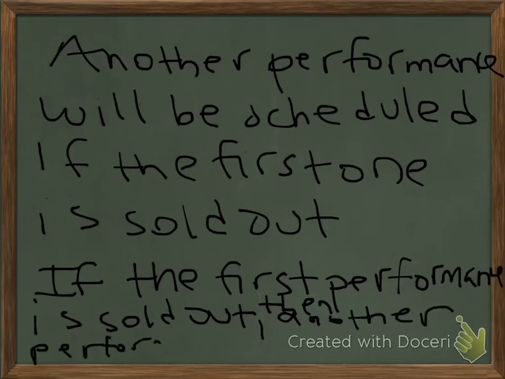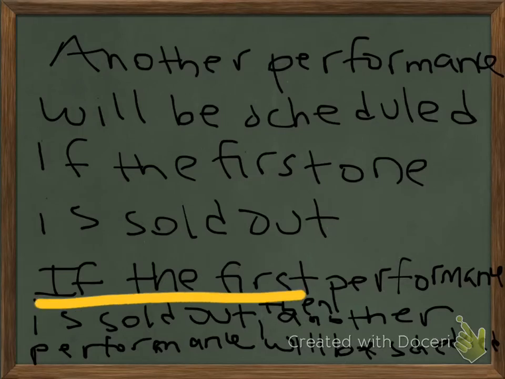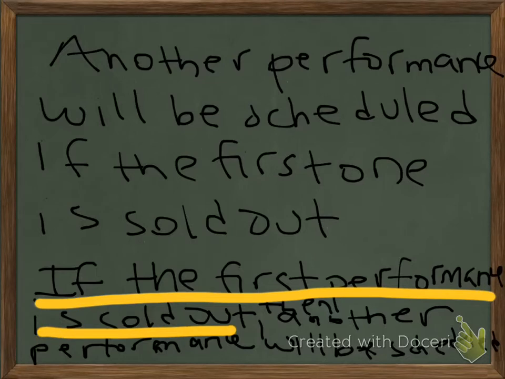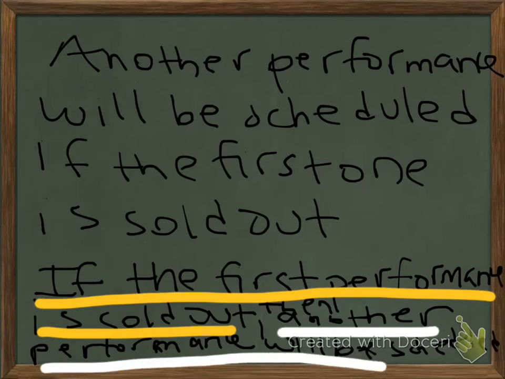Once we put it in if-then format, we can easily identify the hypothesis and conclusion. The hypothesis is the if part, if the first performance is sold out, and the conclusion would be the then part, which is another performance will be scheduled.